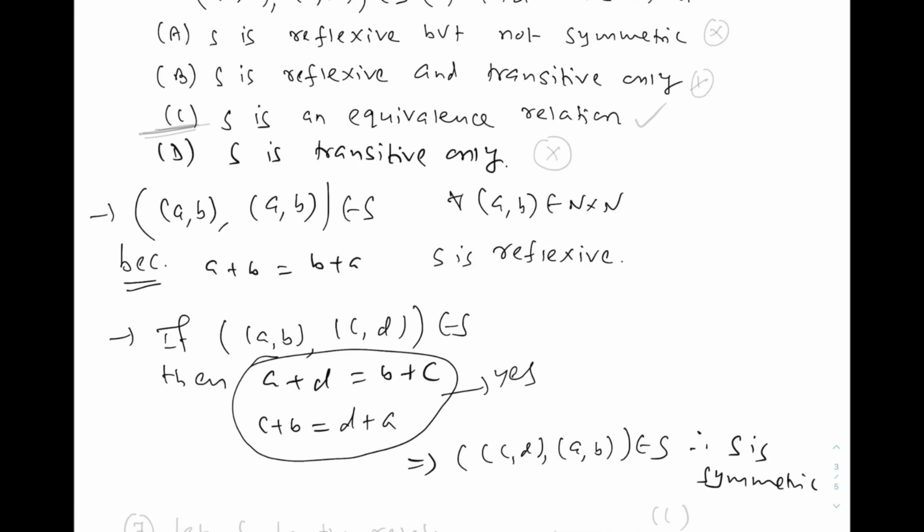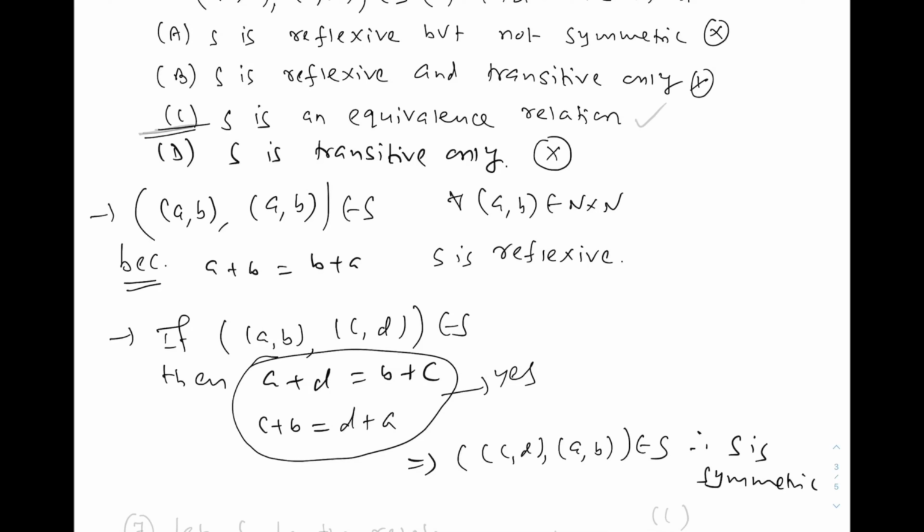Now see, if you are a little smart, there is no such option having reflexive not symmetric, so this A is not there. Reflexive and transitive only, but symmetric is already there, so this is also not a correct option. Transitive only is also not correct because it has symmetric as well as reflexive.